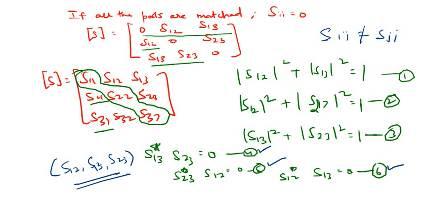So it implies that the three-port networks cannot be lossless, reciprocal and matched at all ports. So it is not possible that the three-port network will always be reciprocal, lossless and matched at all ports.